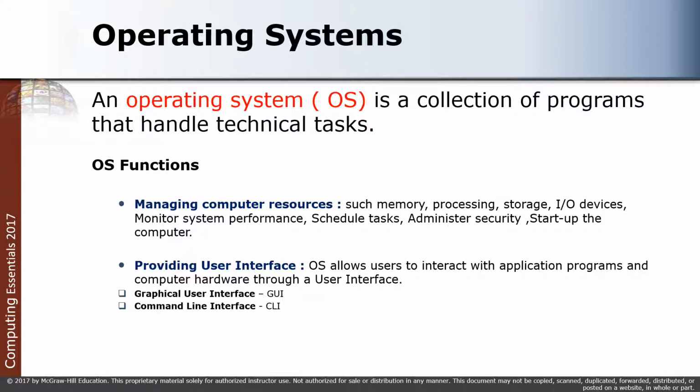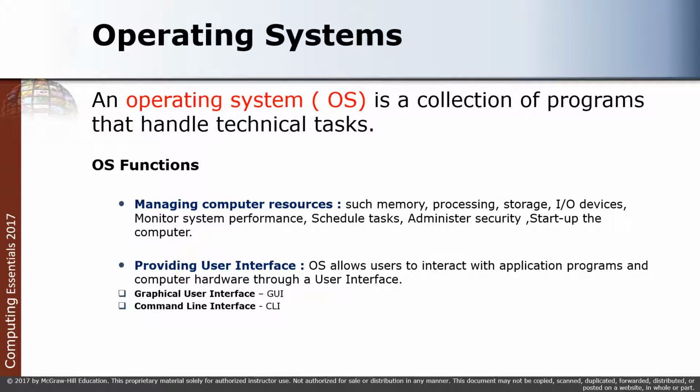The next function of operating system, as shown here, is providing user interface. User interface. Dalam bahasa Melayu dia, antara muka. So the interface is what you can see on your monitor. So when you use your mouse to click whatever you can see on your monitor, you are actually clicking the part that is connected into the computer system.